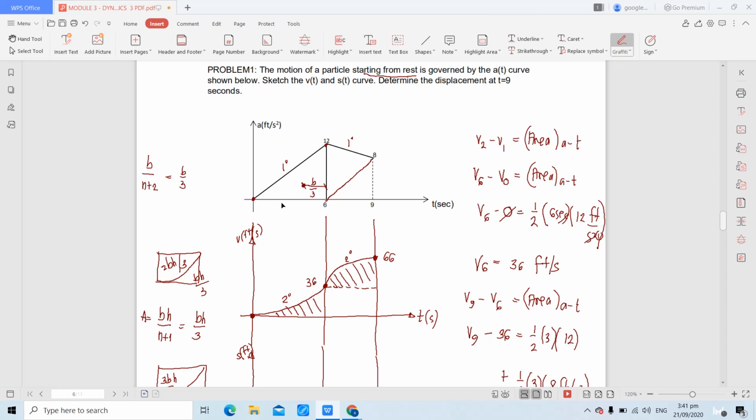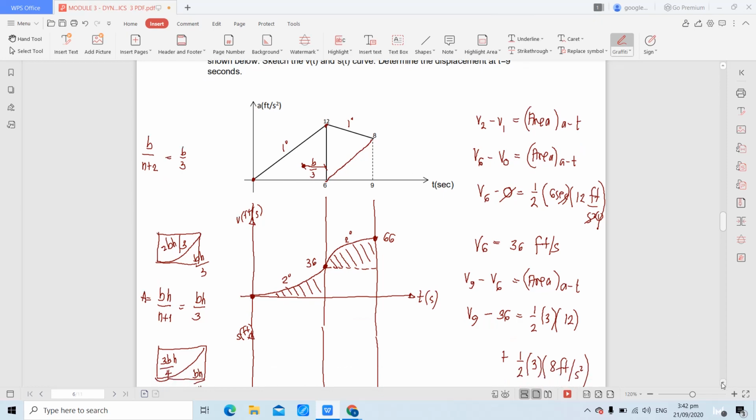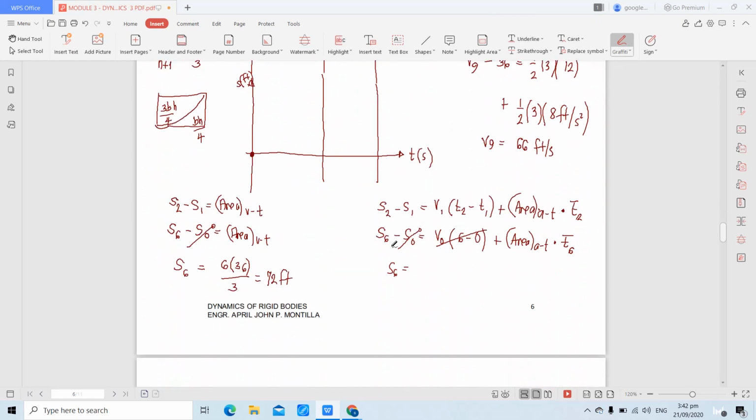Ano ba yung base natin? Ito, 6 seconds. So, 6 over 3. So, balik tayo kay formula. So, this is area of acceleration daw. Triangle, 1/2. Yung base. Ano yung base kanina? 6 seconds. Ano yung height? 12 feet per second square. Imumultiply daw yung distance ng centroid niya.